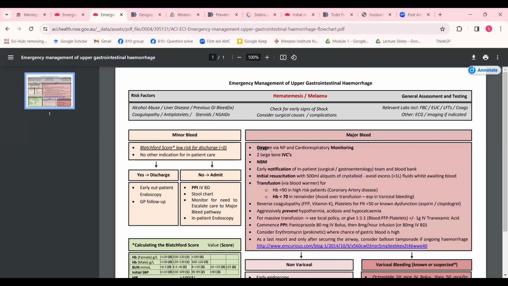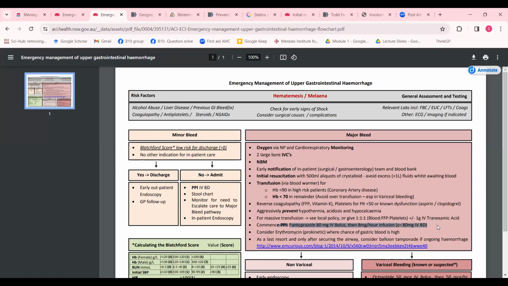That would be oxygen, IV cannula, nil by mouth, then initial resuscitation with fluid and blood transfusion if necessary, and coagulopathy correction, massive transfusion if necessary. So that would be your resuscitation, that is A, B, C, D, E. After resuscitation, you have to start a PPI, which is usually pantoprazole or omeprazole.